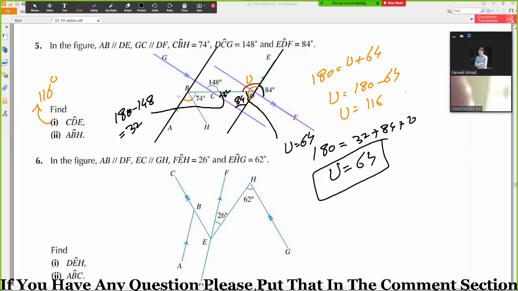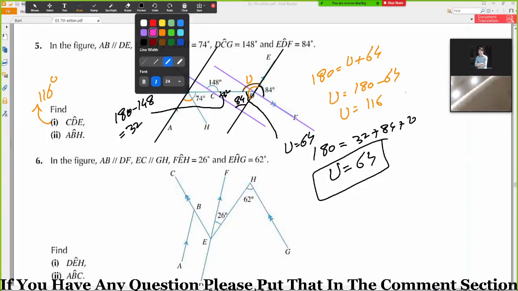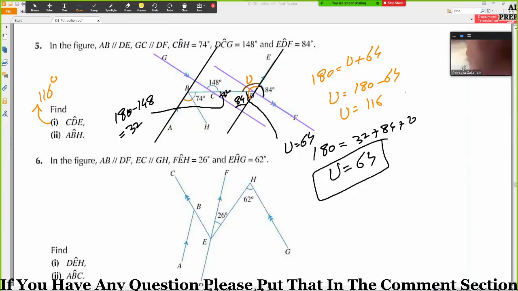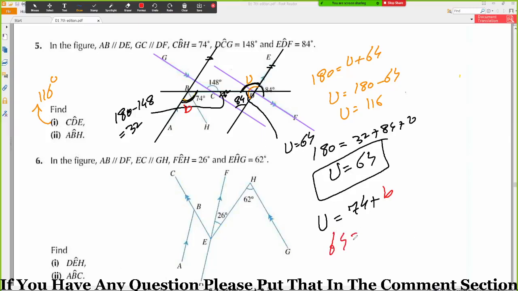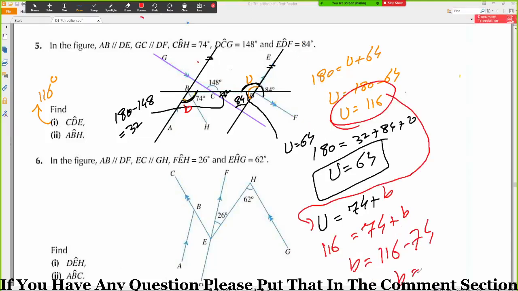So it means that this angle will be equal to this angle. तो unknown कितना था? 64 था. 64 will be equal to 74 plus b. 116 minus 74, that's equal to 42.